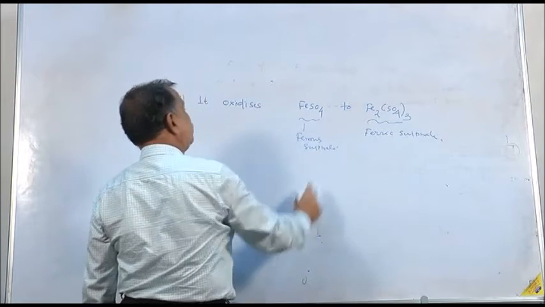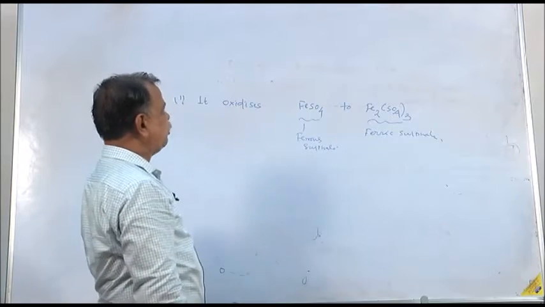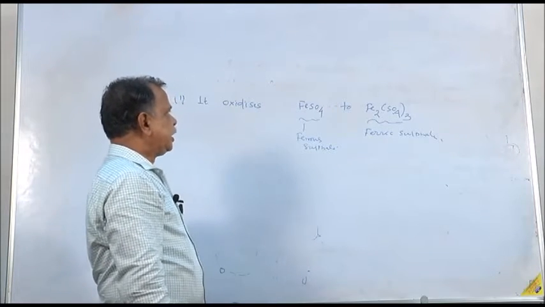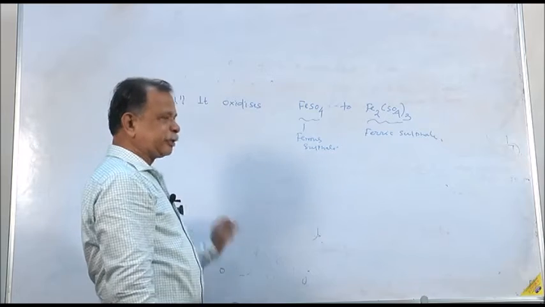How can I write the reaction? Sometimes the question asks, what happens when ferrous sulfate is treated with acidified potassium dichromate?